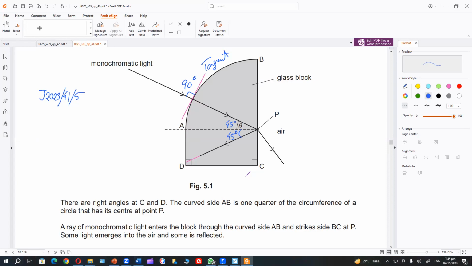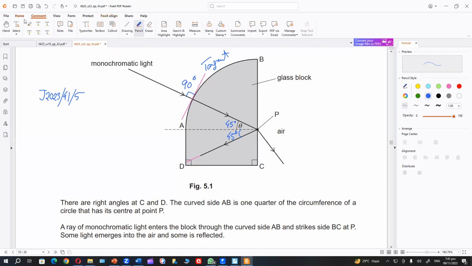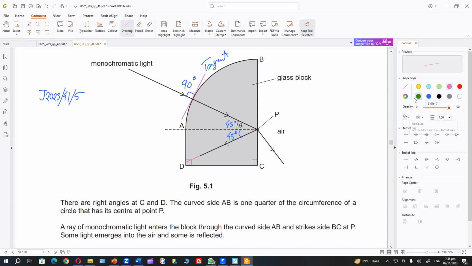Angle of incidence is equal to angle of reflection. Then if I draw a normal, what will happen? He's asking where the ray of light will go.